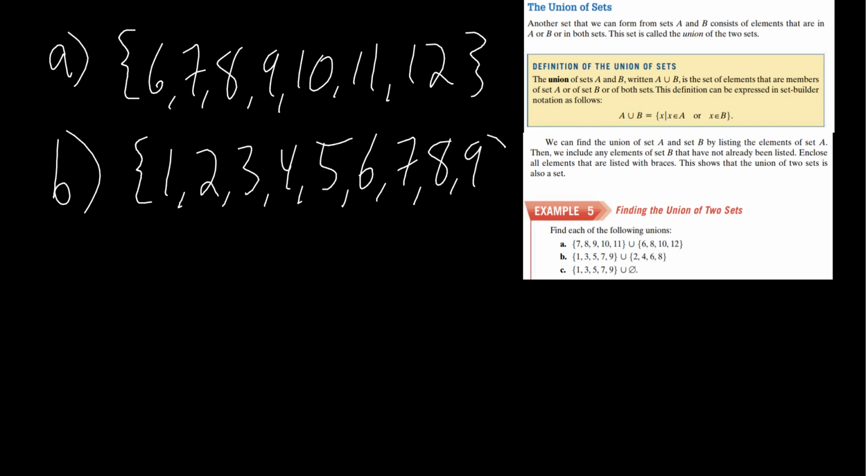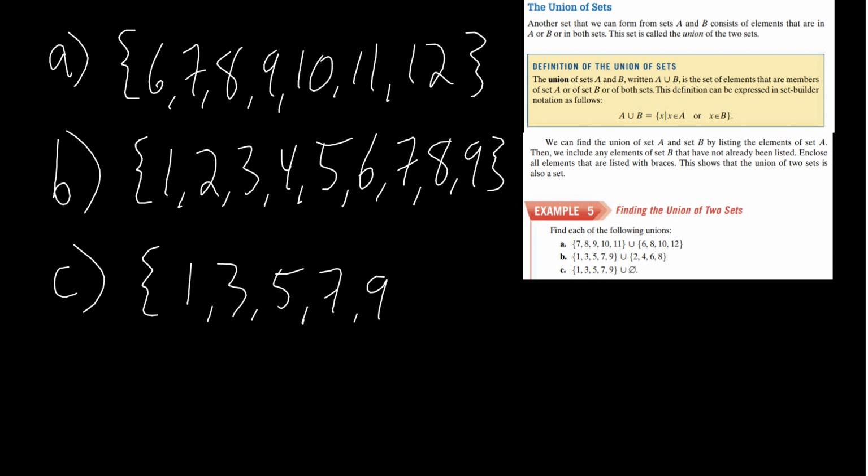There's no computation. It's just write everything. And then C, 1, 3, 5, 7, 9, union with the empty set. And again, the empty set is part of every set. So we're basically just rewriting the first set here. 1, 3, 5, 7, 9.